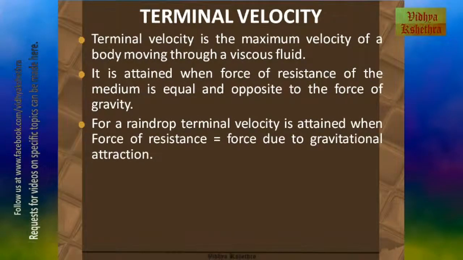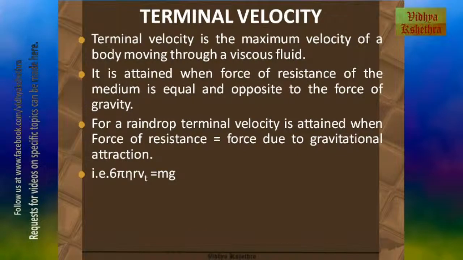When the force of resistance becomes equal to the force due to gravitational attraction, the velocity of the spherical body becomes constant, and the velocity is known as the terminal velocity.